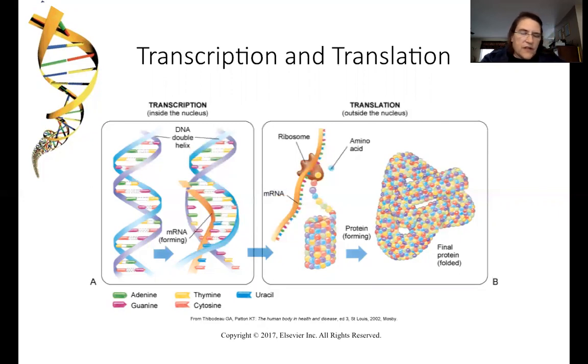And within this process, mutation can happen. There are 2 types of mutation. Germline mutation is a mutation that is inherited from your parents and that you can give to your kids as you reproduce. An acquired mutation, also called a somatic mutation, is something that happens during life.